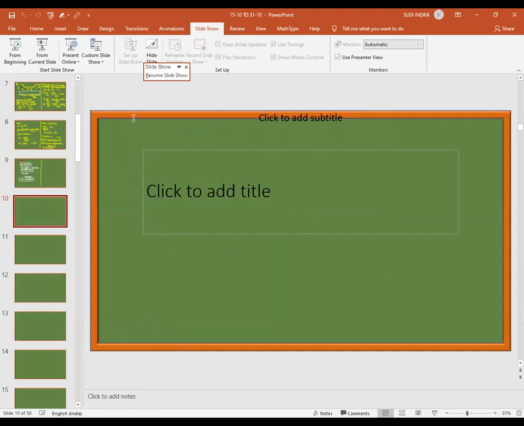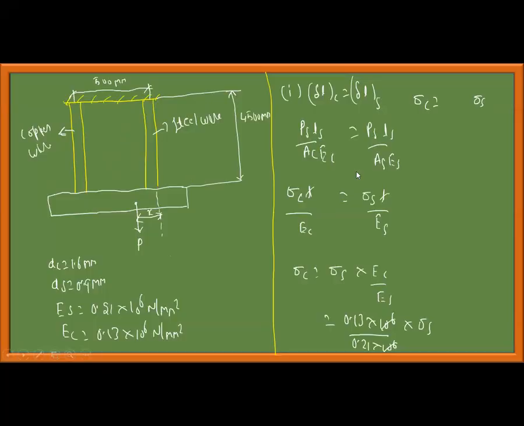It comes to 0.619. Okay, shall I write 0.62 times sigma S? Yes, sir. 0.62 times sigma S. This is the first unknown we have found.